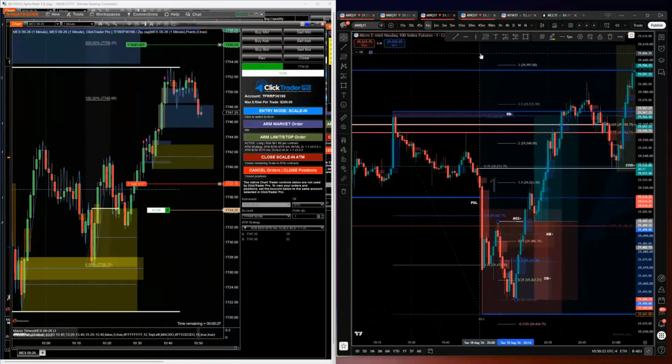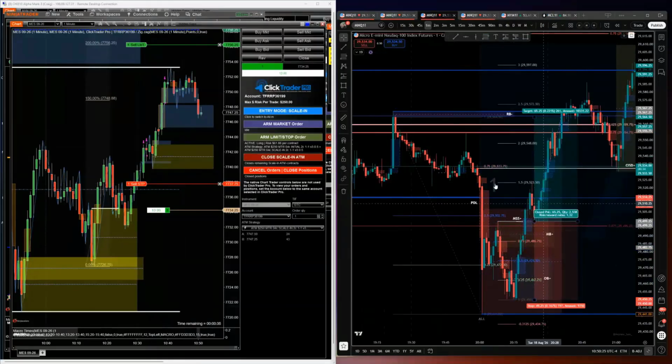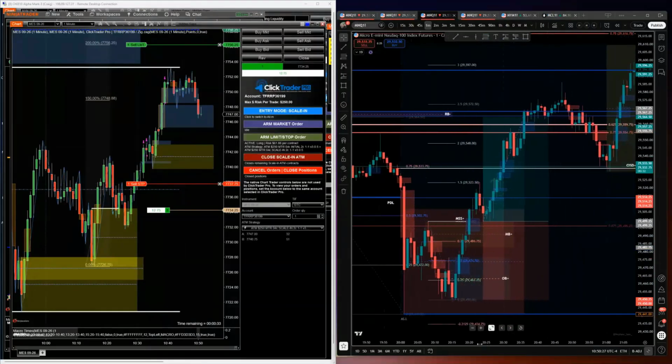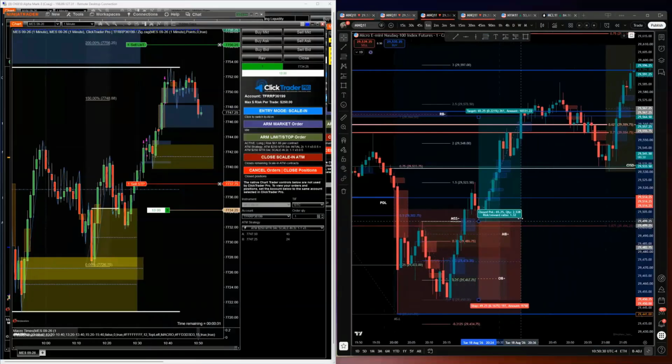Let's look at this was the trade on the NASDAQ last night, Asia. Between 8 and 9 is a good time to look, or even 7:45. Between 7:45 and 9 is a good time to look for Asia trades.